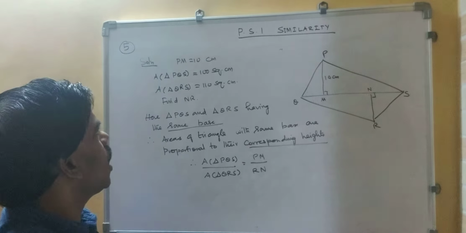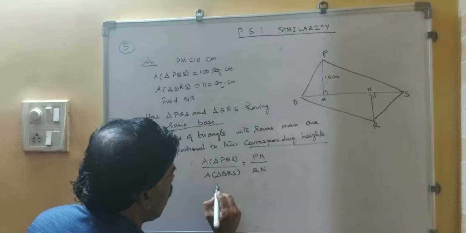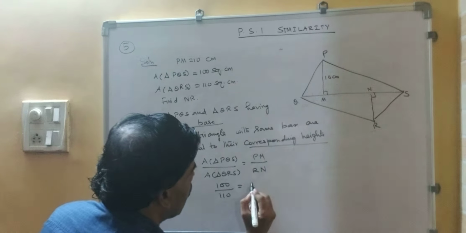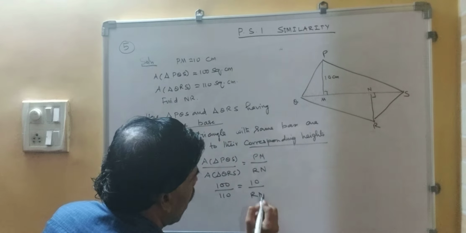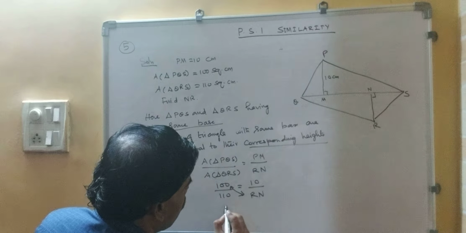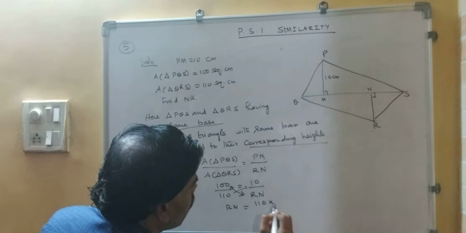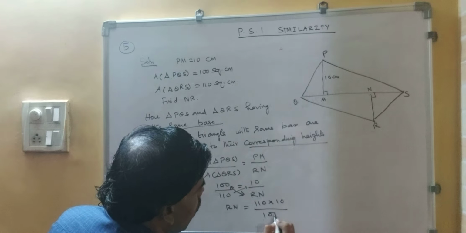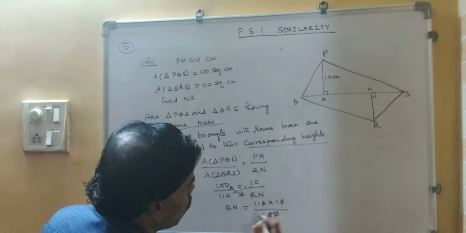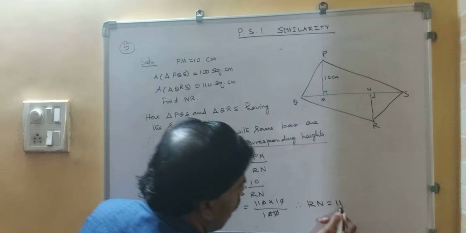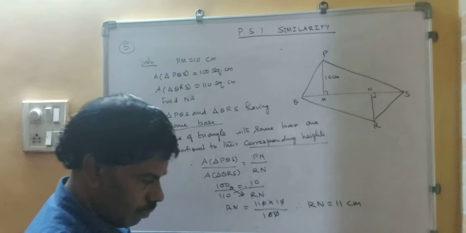What is area of PQS? 100 square centimeter, here 110. What is PM? 10. RN we have to find out. So we will take RN here. RN equal to 110 into 10 upon 100. So therefore RN equal to 11 centimeter.